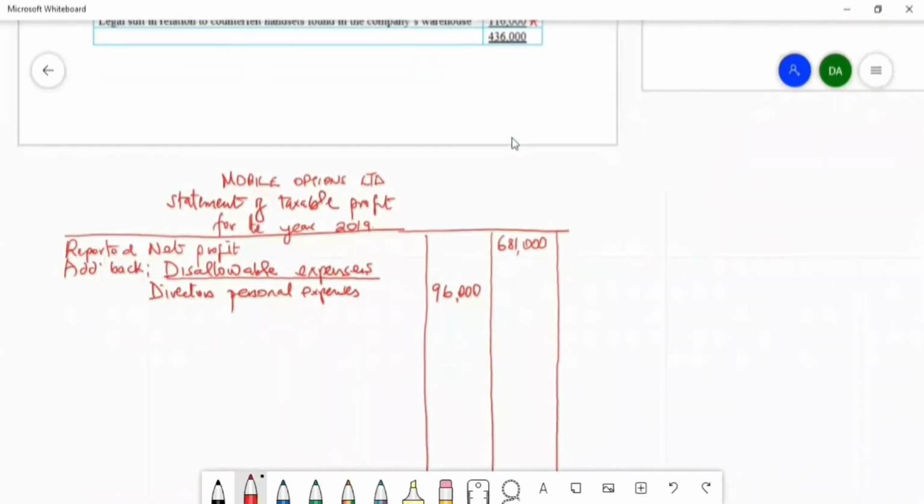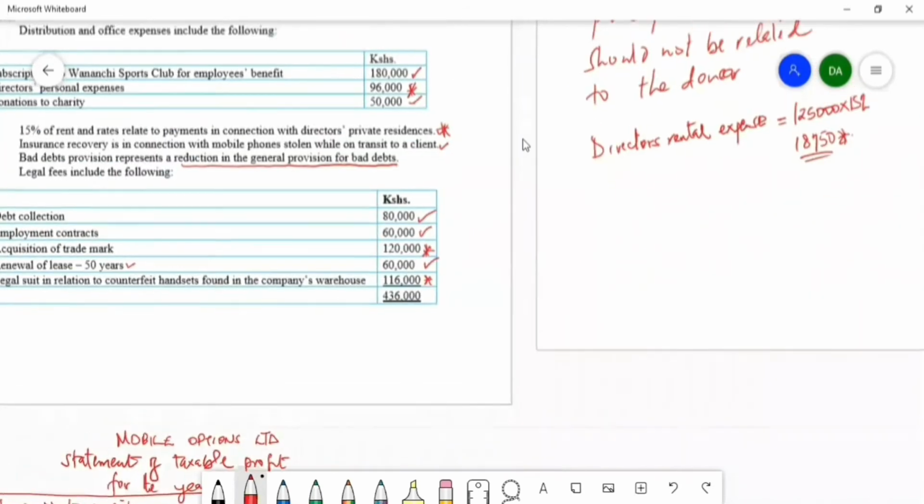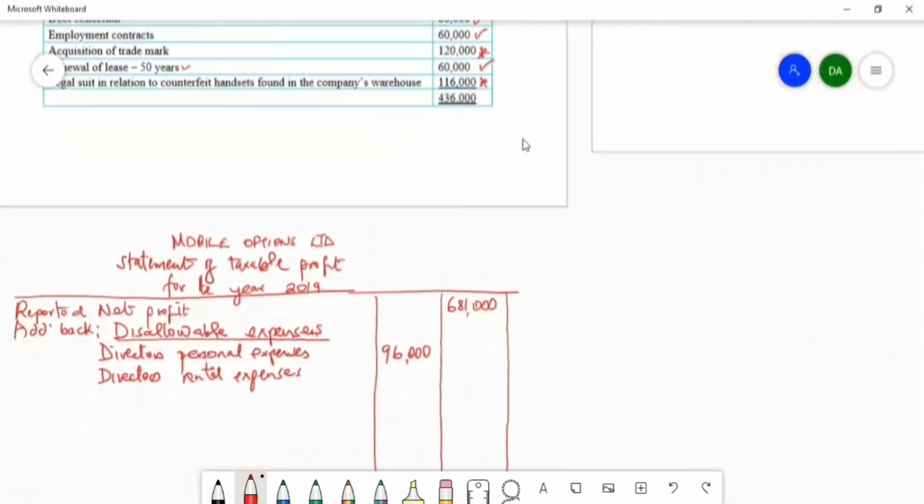Director's rental expenses equal 18,750.